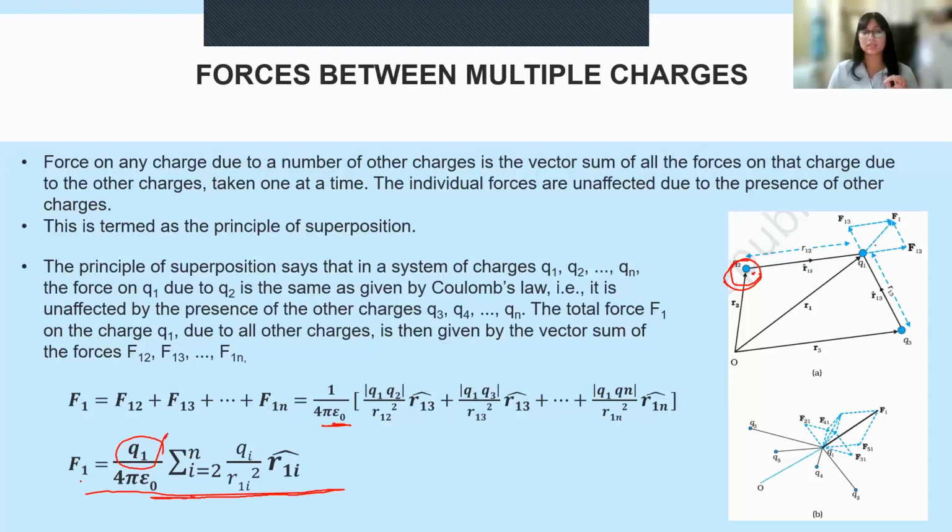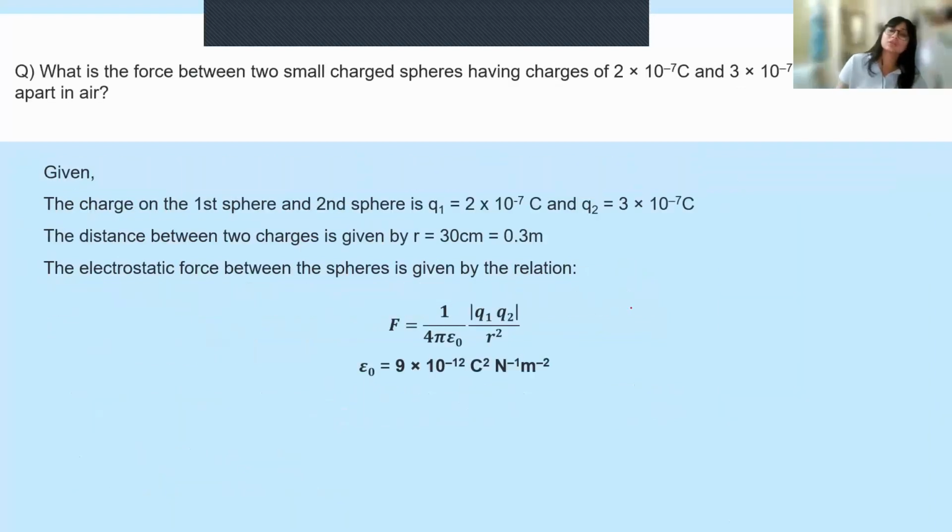We want to understand the force acting on Q1, so we take that charge out as a common term, and you have 4 pi epsilon 0, also taken out. Then you do the summation of the other charges upon the square of the distance between the concerned charge and the other charges. So this is a vector sum.